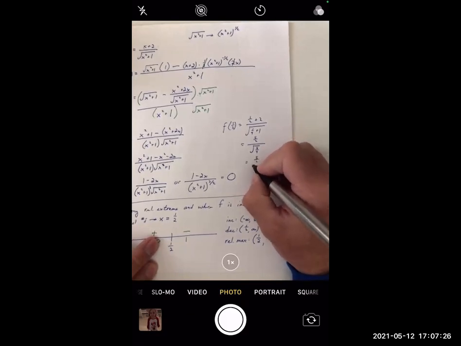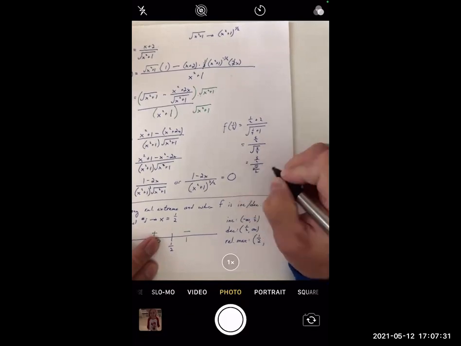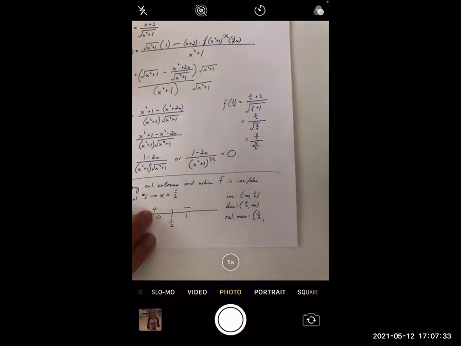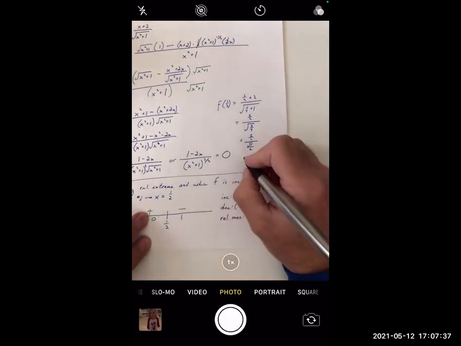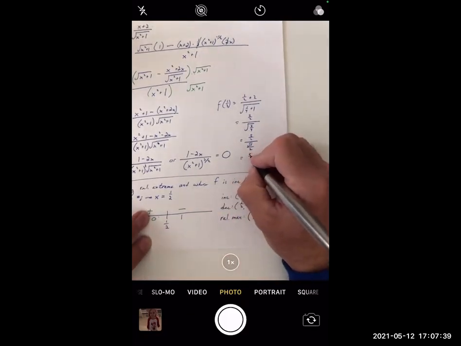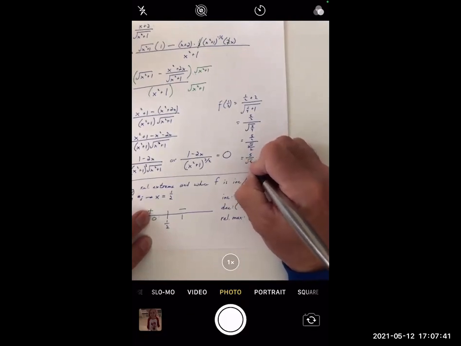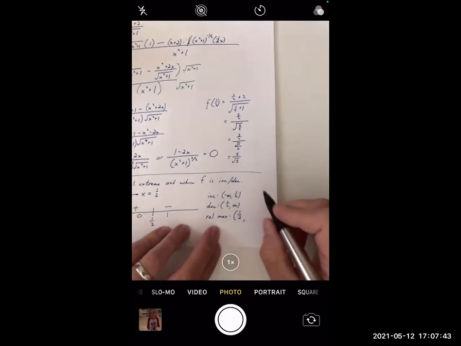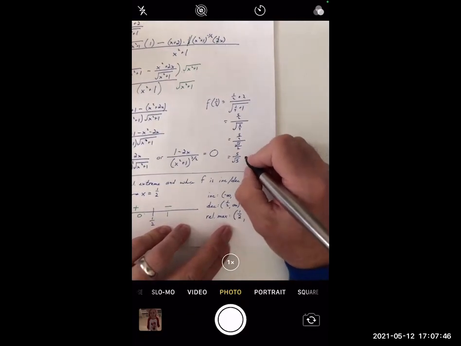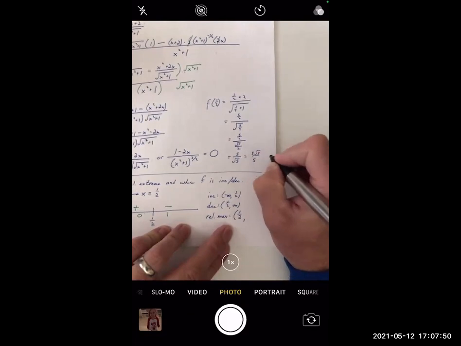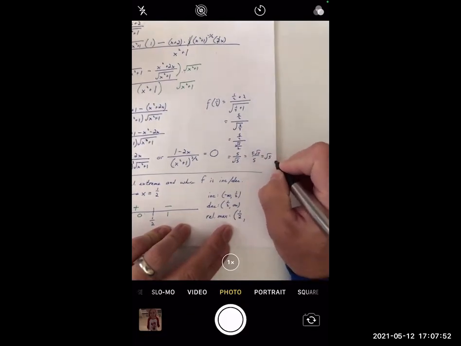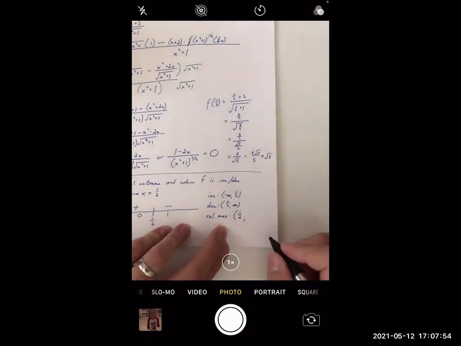You can't root the 5, but you can root the 4. And since there's a 2 in both of the denominators, they both cancel. So you're left with just 5 over root 5. And then if you rationalized it, that'd be 5 root 5 over 5, or just root 5.